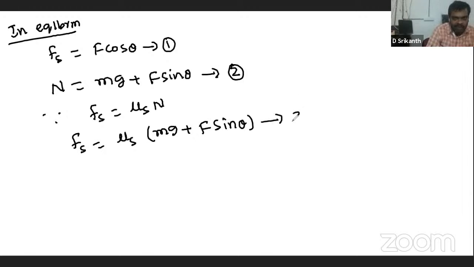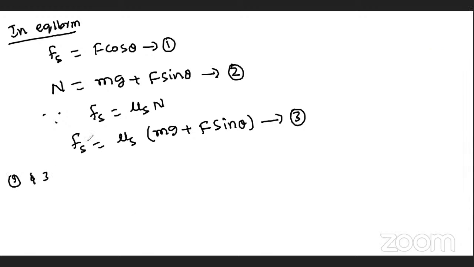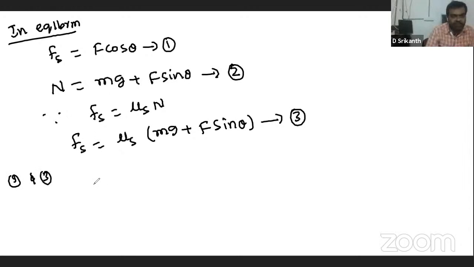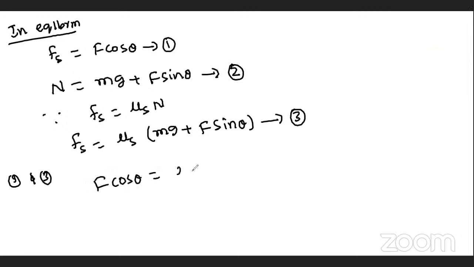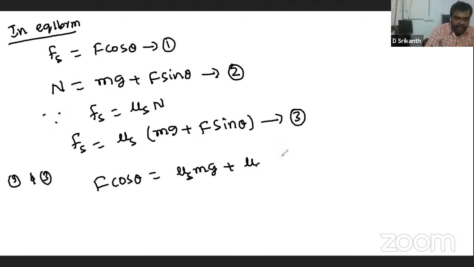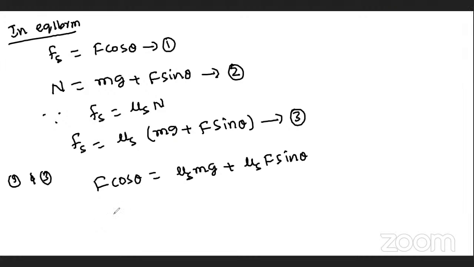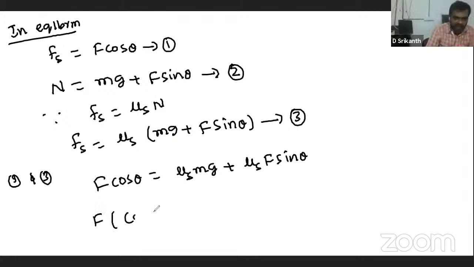Called equation 3. From equations 1 and 3, we can write F cos theta is equal to mu s mg plus mu s F sin theta. So F times (cos theta minus mu s sin theta) is equal to mu s mg.